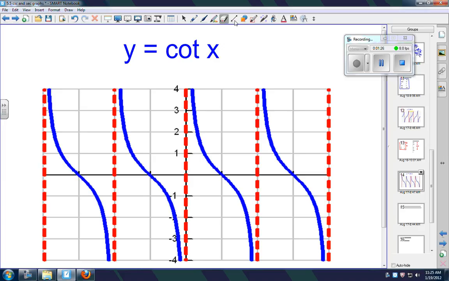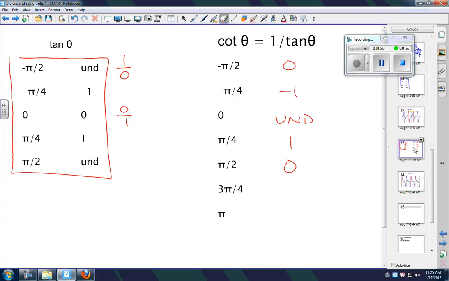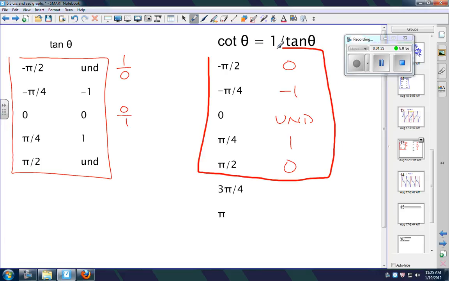Okay, so the points we're going to use for a cotangent again are these guys right here. There's your ones for tangents. Here's your ones for a cotangent. If you want to update those on your sheet.